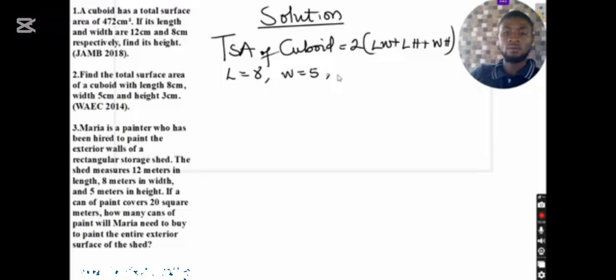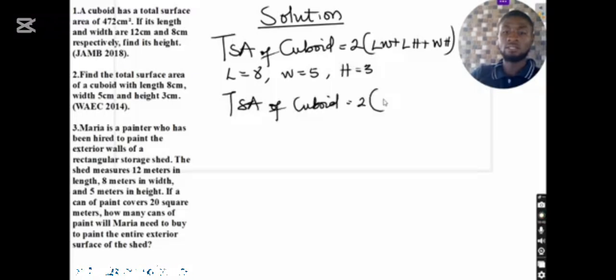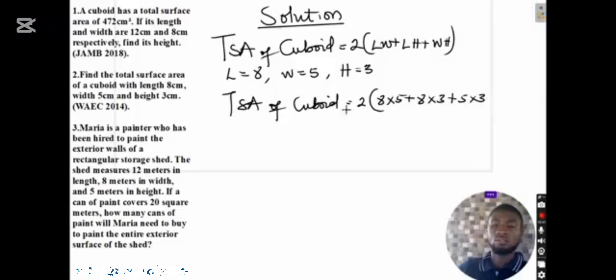So I can then say the TSA of the keyboard is equals to 2 open bracket LW, that is 8 multiplied by 5, plus LH is 8 multiplied by 3, plus WH is 5 multiplied by 3.